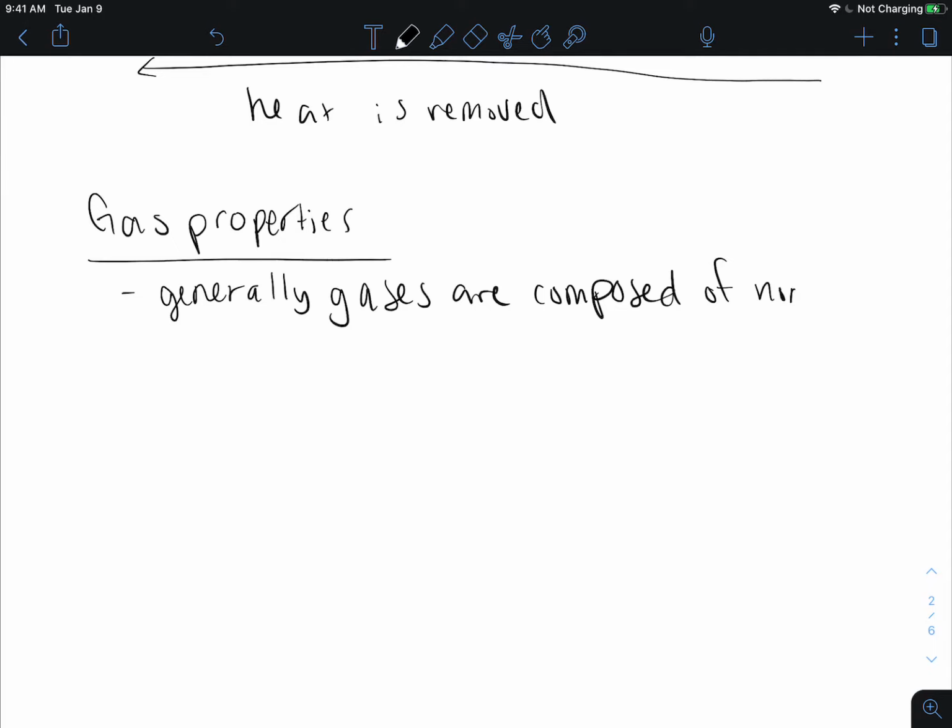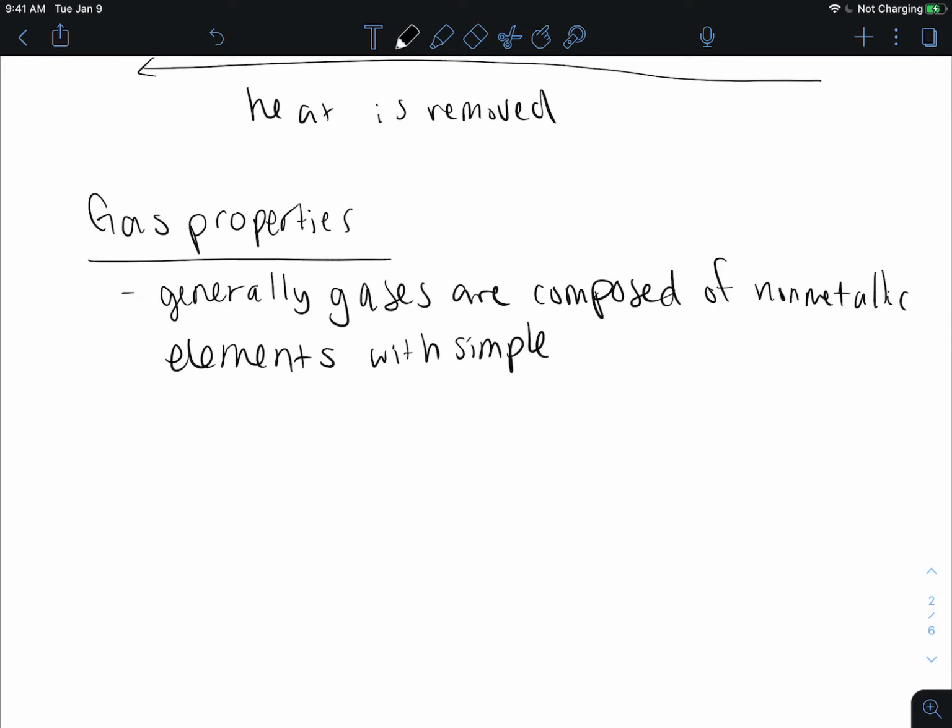So nonmetallic are nonmetals. Very, very few gaseous metallic elements exist without an extreme amount of heat being added in.